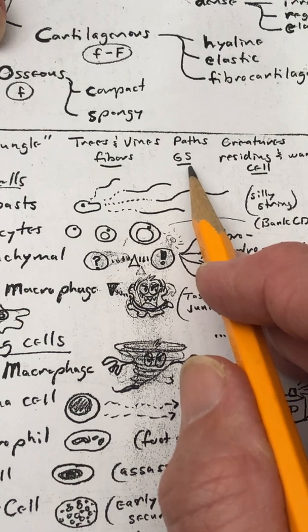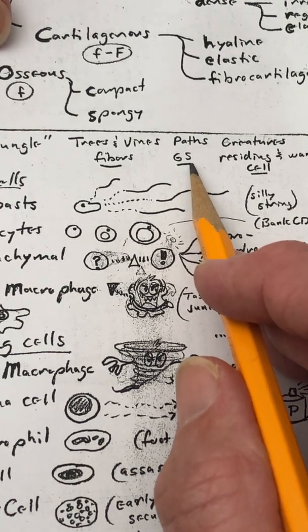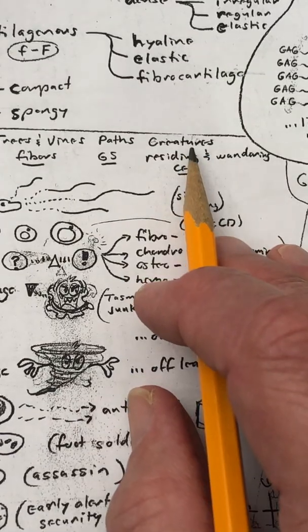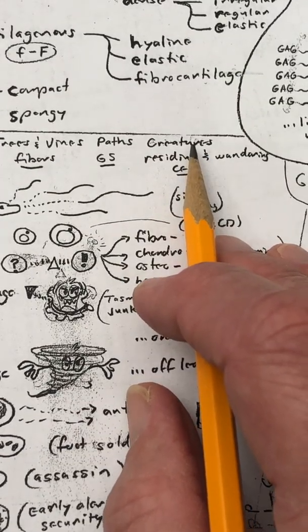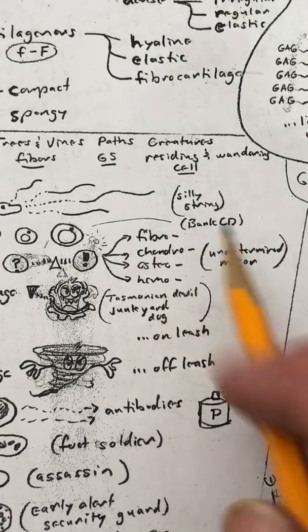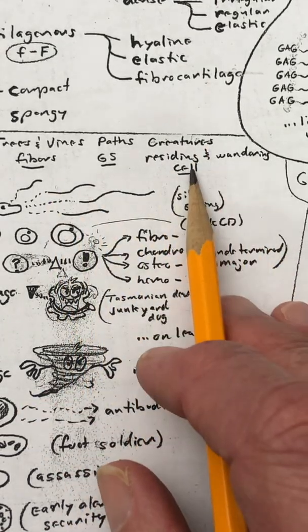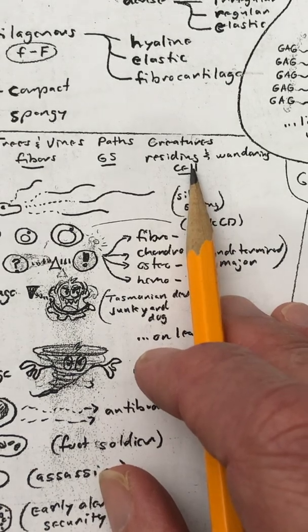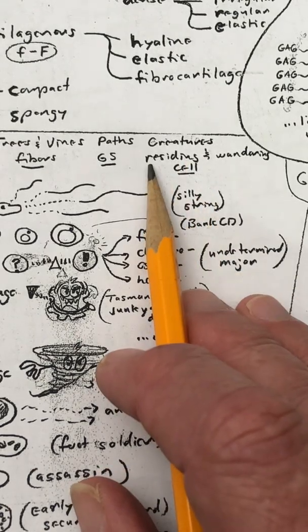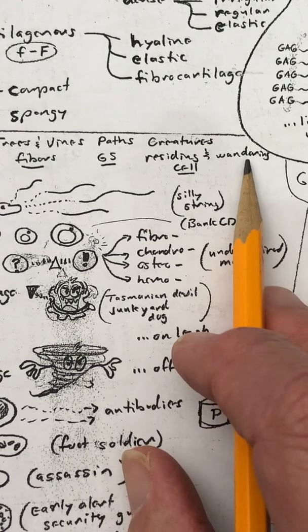Well, inside areolar tissue, there's ground substance, semi-fluid material that things can move through. And in jungles, there are creatures out there, some seen, some unseen, some that live there, some that are just passing through. And inside areolar tissue, there are residing and wandering cells. These could just live there and be attached there, or they could be just wandering through.